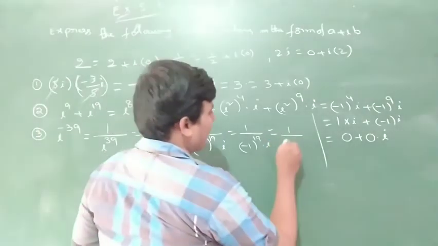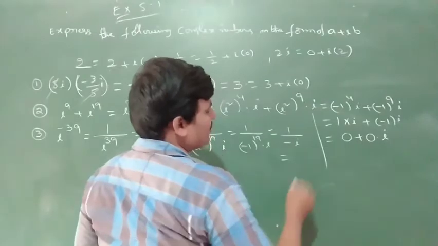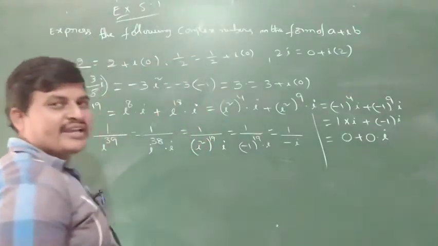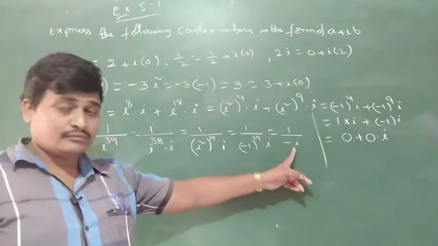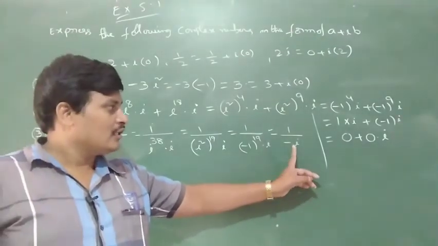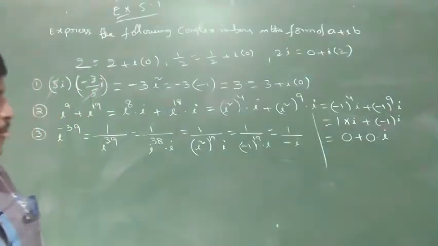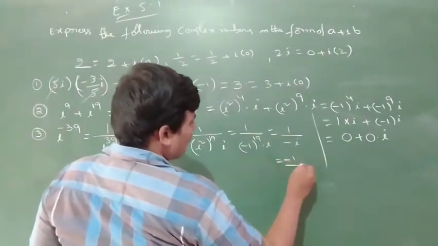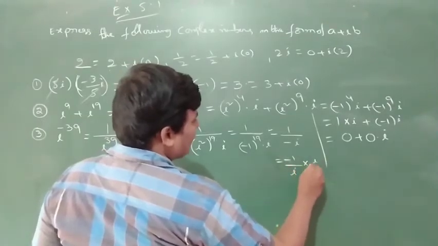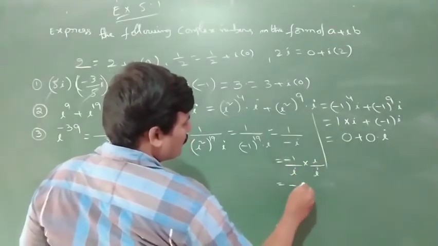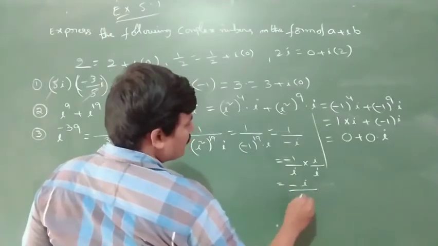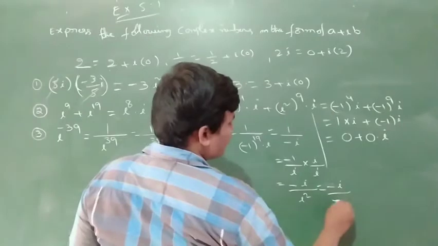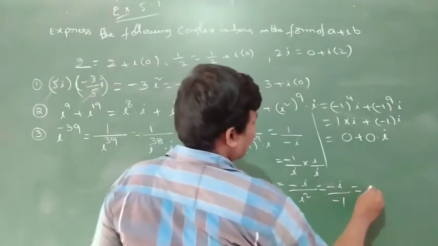So 1 by minus i. The denominator we convert: that is equal to minus 1 by i, divide and multiply by i, so that is equal to minus i by i into i squared. i squared value is minus 1, so minus minus cancel.